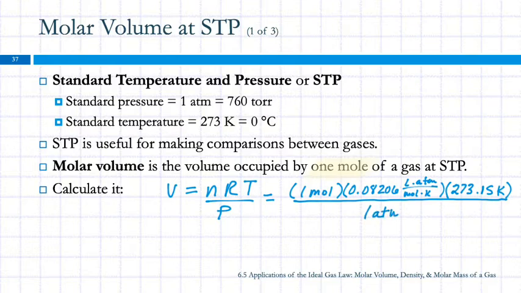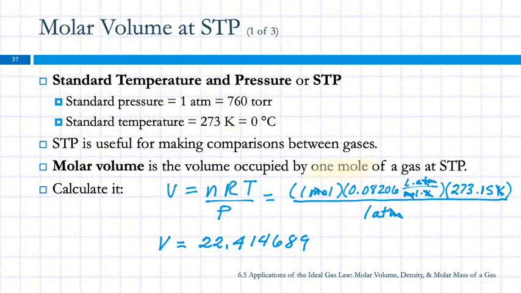That's standard pressure. So my units are going to cancel out. I'm going to end up with 0.08206 times 273.15. So the volume here would be 22.414689.